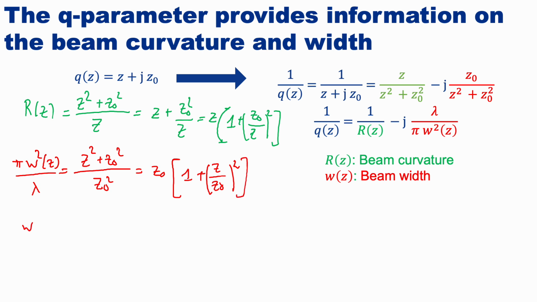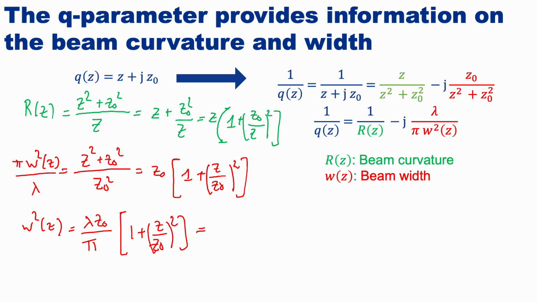So the beam width squared is going to be lambda C sub 0 over pi, and then 1 plus C over C sub 0 squared.